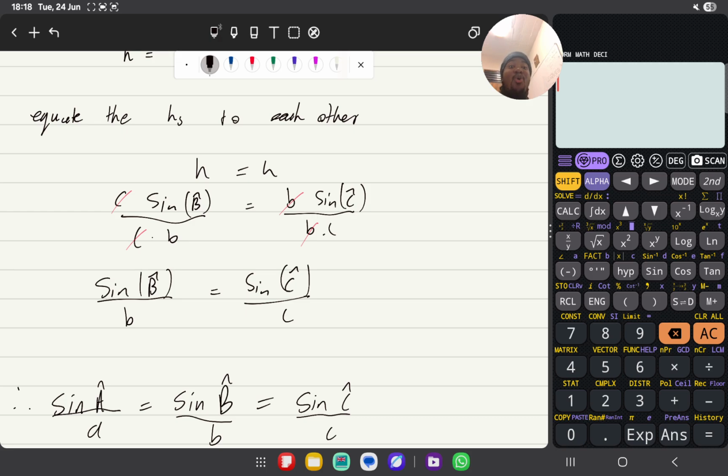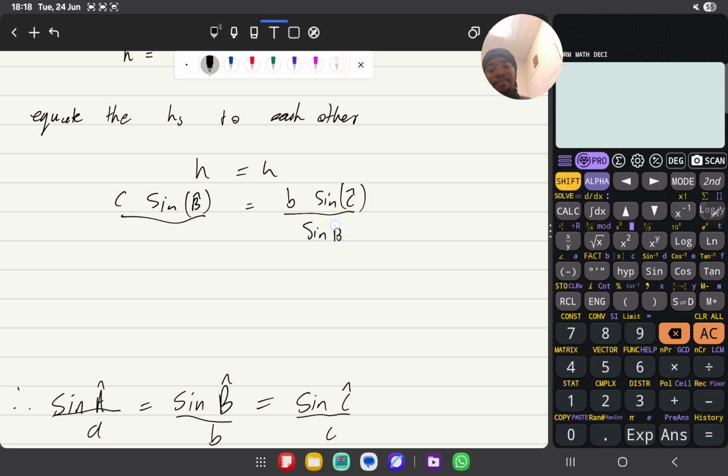Alternatively, you could decide to divide by sine B times sine C. Then the sine B's cancel, the sine C's cancel.